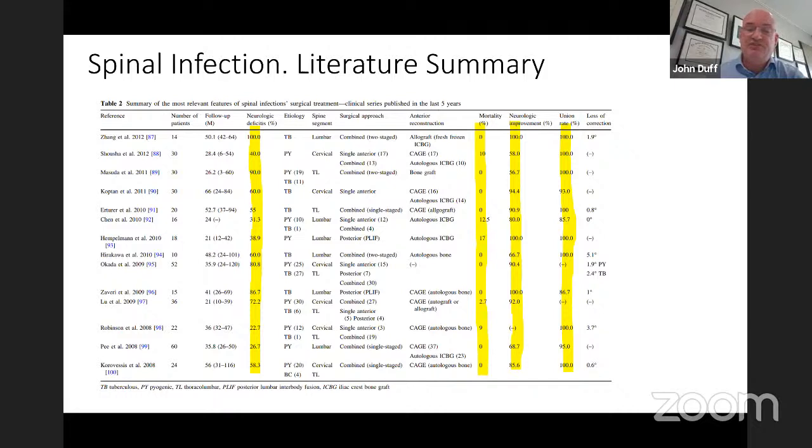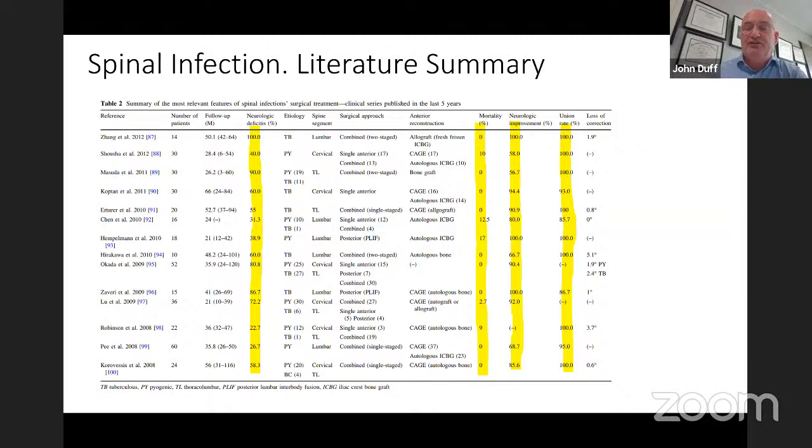So I think for the severity of the disease, the mortality is certainly acceptable within a surgical group of people who by definition would have more serious disease. And the neurologic improvement, despite what I said, if you operate early enough, the neurologic improvement can be significant in these patients.